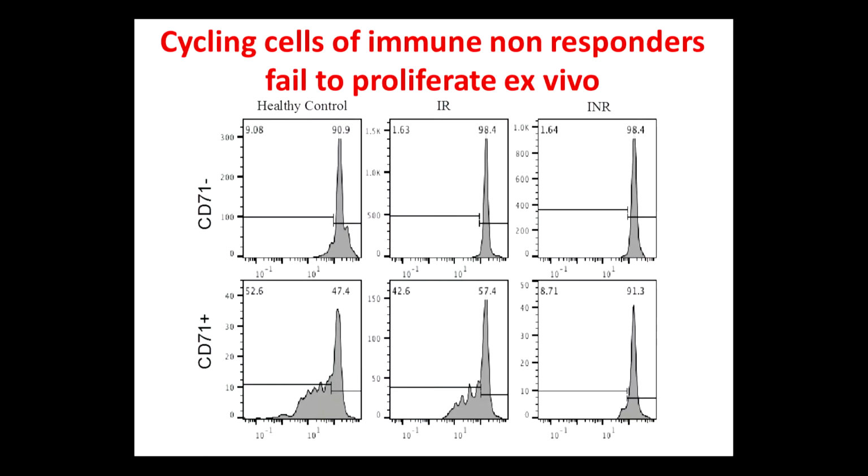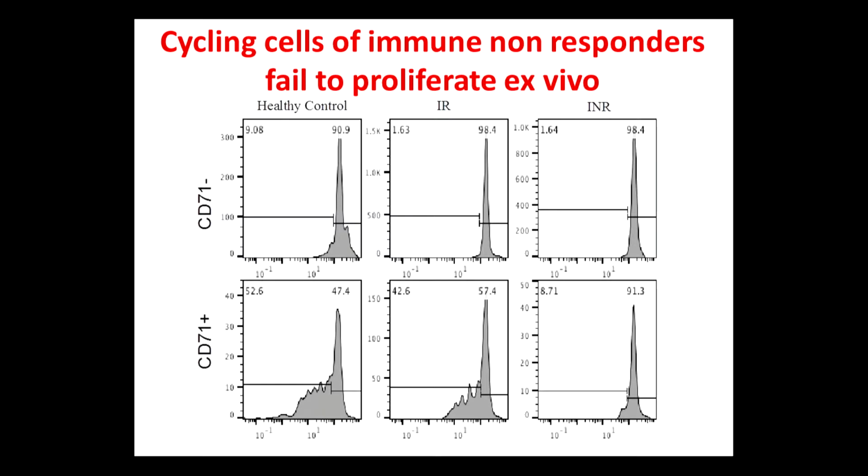Now, when we sorted these cells on the basis of CD71, we labeled all of these cells with CFSE, which is a fluorescent dye, such that if you put these cells in culture, the cells that divide will dilute the dye, and so the dye intensity will move to the left as the cells divide.